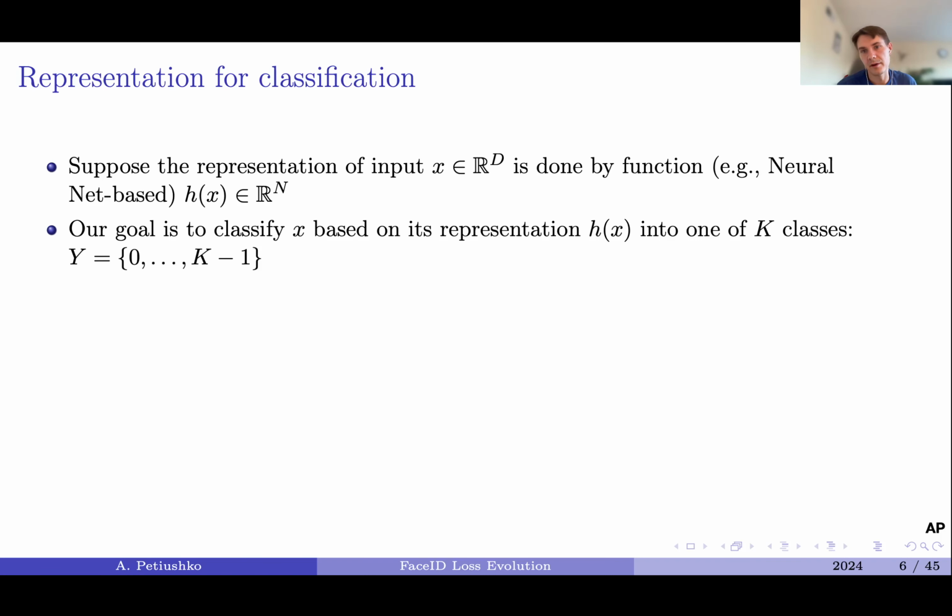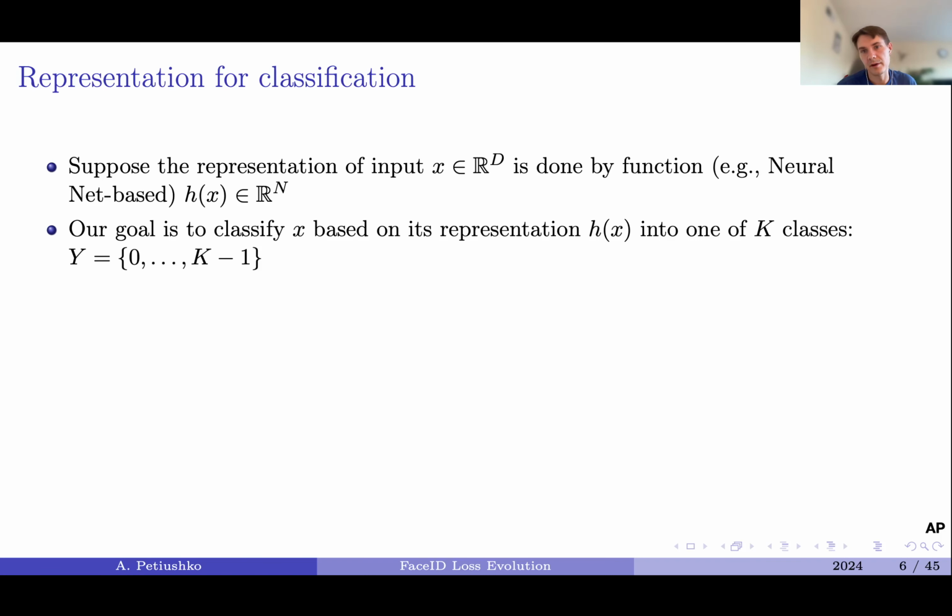For example, if we have this 100 by 100 black and white or grayscale image, it means that d was 10,000, but we would like to compress it into a vector of, for example, n equal to 512.